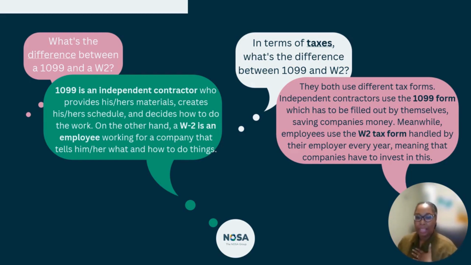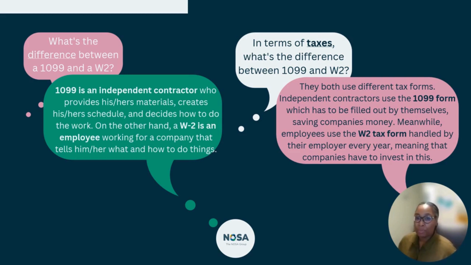So I send them a form. I think it could be a couple of different names for the form. It's not a W-2, but they get a form. I want to say it's a 1099-K, and that shows the wages that they received and any amounts that were taken out.